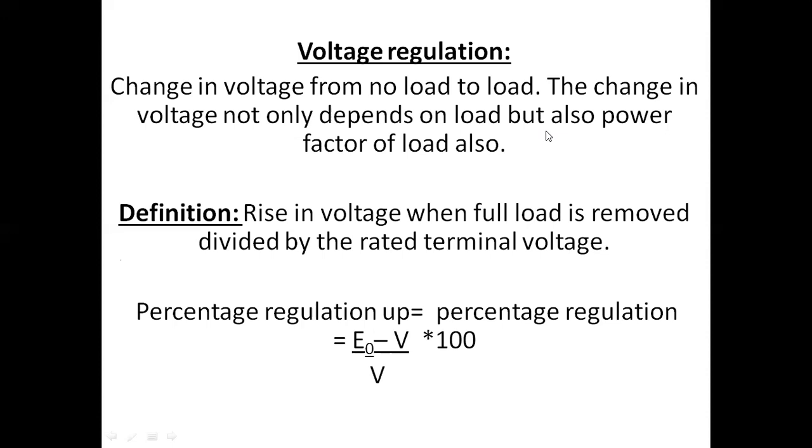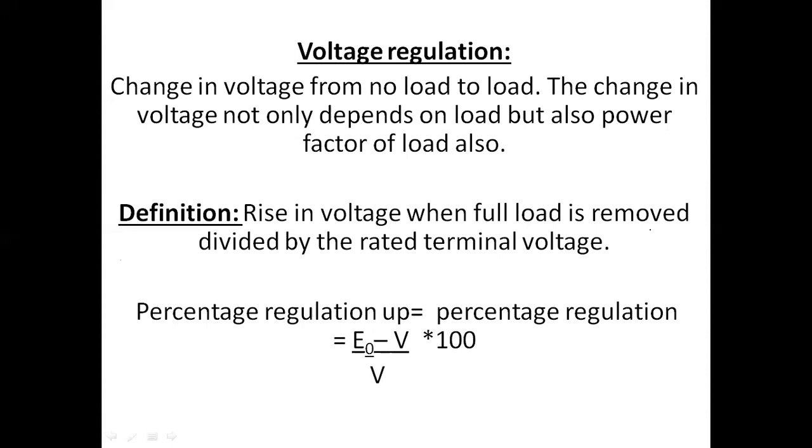Okay, so you have percentage regulation up and percentage regulation down. Out of this, the percentage regulation up formula is E naught minus V by V into 100. Actually regulation is E naught minus V by V. Percentage regulation means you have to multiply by 100.